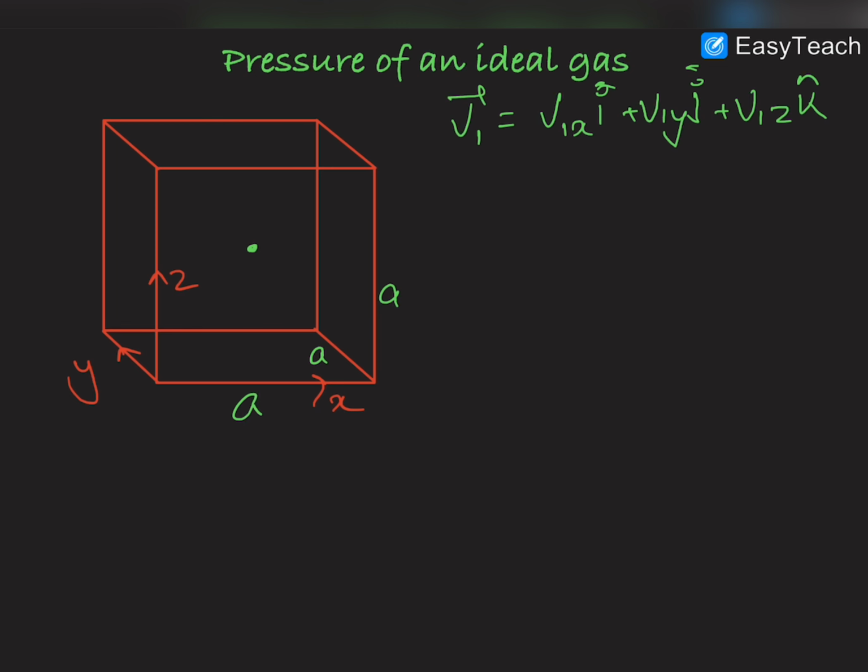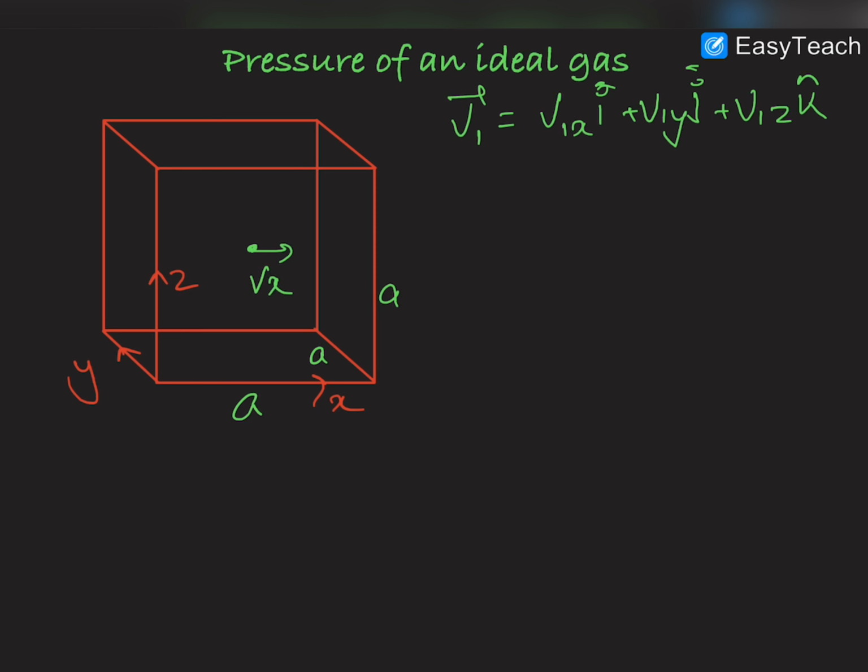This would be the velocity of this molecule, and let us suppose that its velocity in the x direction is vx instead of v1x.